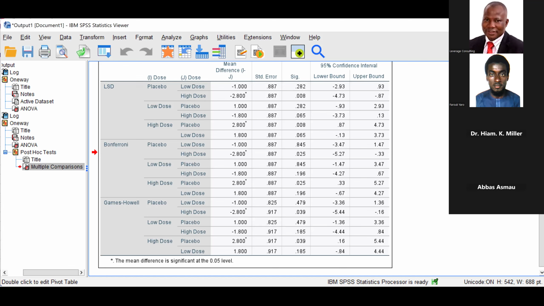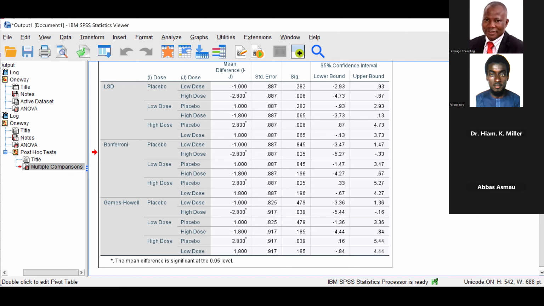You know, the smaller the p-value, the more significant. So what does it tell about these methods: LSD, Bonferroni, and the others? Bonferroni was the first to make this correction.